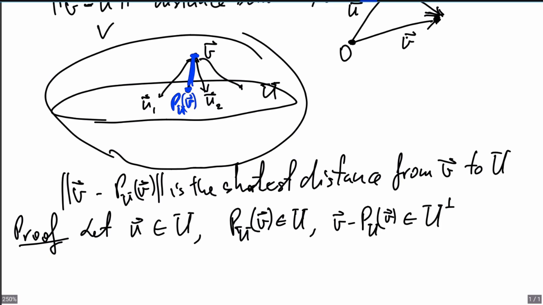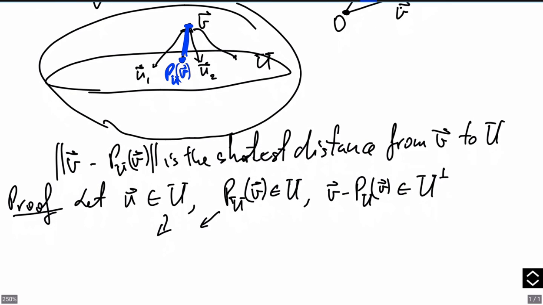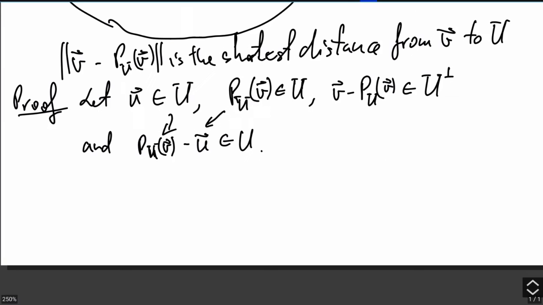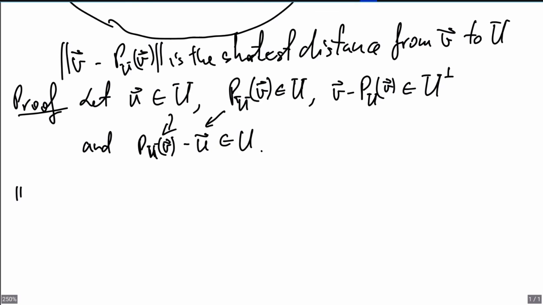If we subtract two vectors that are both in U, we also have that P_U v minus u is in the subspace U. Then we consider the distance from v to the orthogonal projection of v onto U, the norm squared.